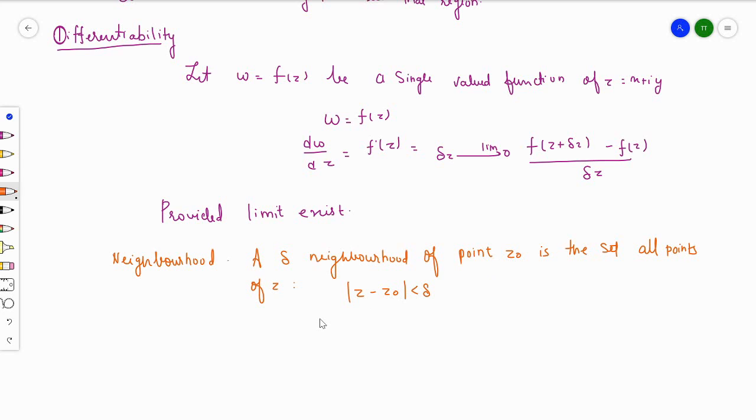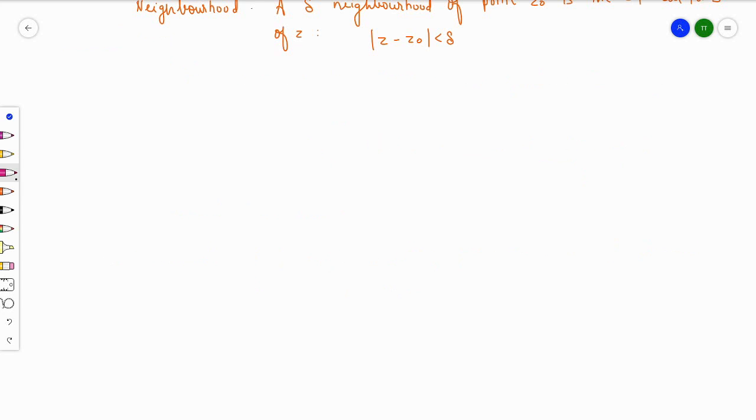Okay, so now we will understand the next definition, that is analytic function.